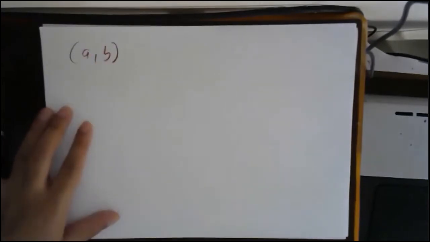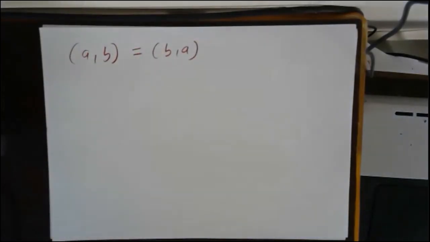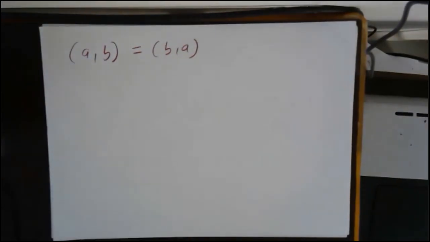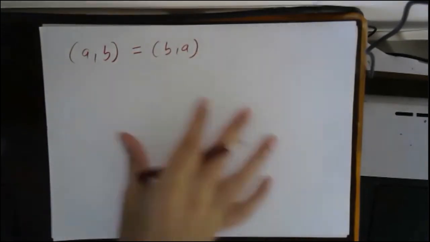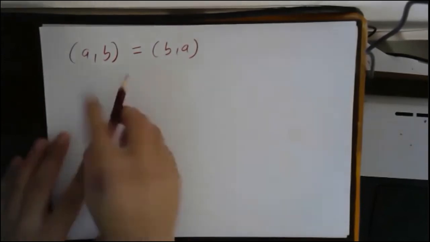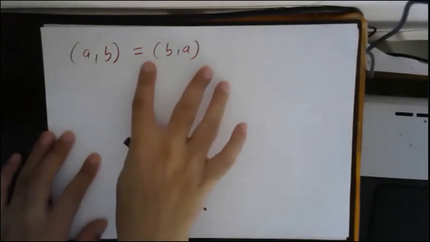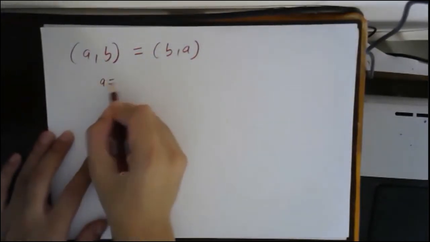Now suppose I am saying that the ordered pair a comma b is equal to b comma a. I am saying that in a particular case they are equal. That means what? If a comma b is equal to b comma a, then a has to be equal to b.